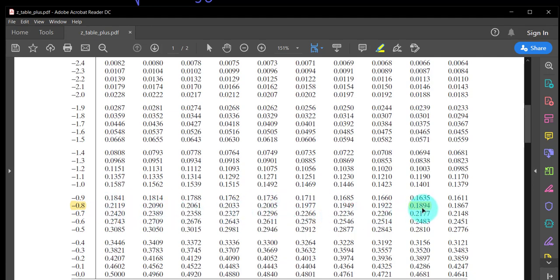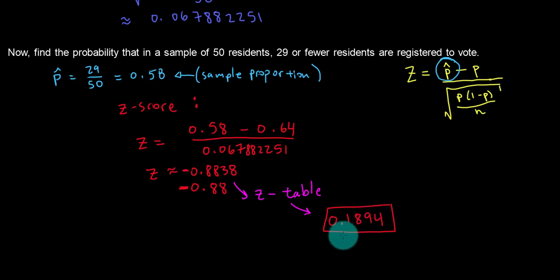So that's our answer, 0.1894. If we were to write this with probability notation, I might write instead that the probability that the proportion is less than, you could write 0.58, you can write 29 out of 50, doesn't really matter. I'm going to say equals this.